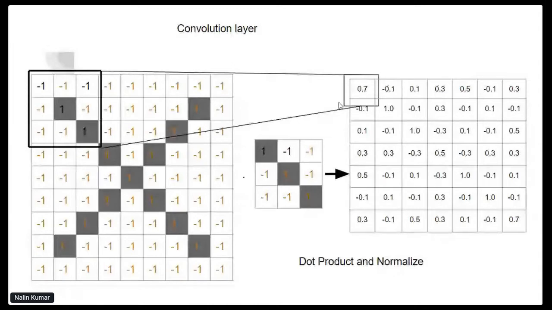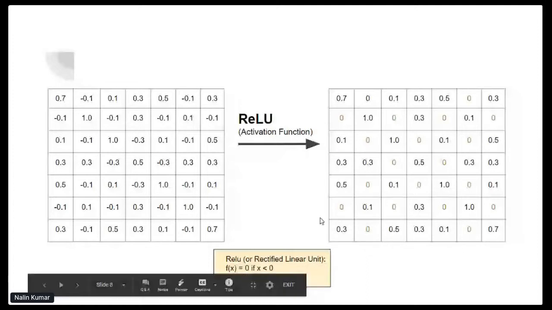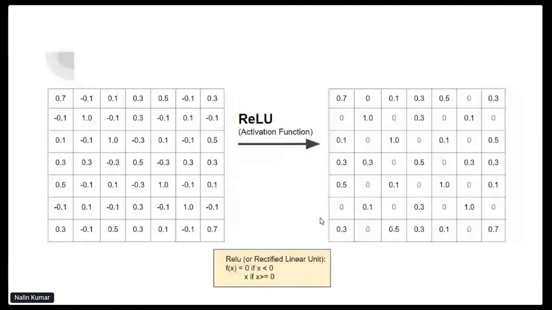After performing the convolution layer, we apply an activation function. Basically, what ReLU does is the values which are negative, it replaces with 0, and the values which are positive, it keeps as they are.